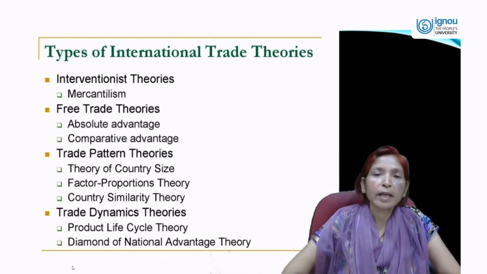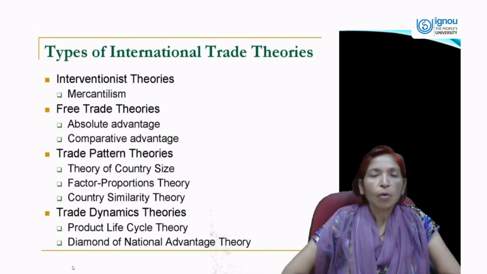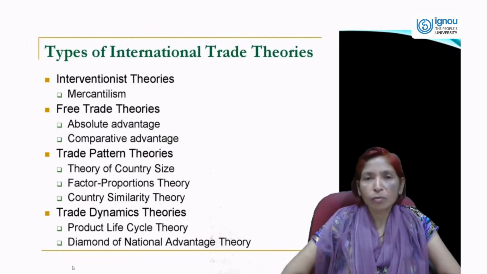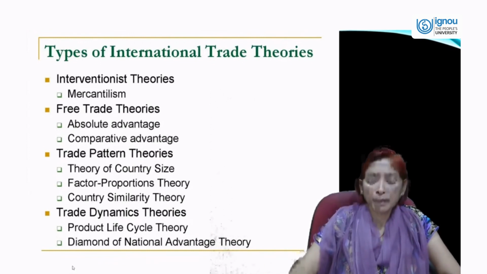Next is trade dynamic theories. We know that at present the whole world is dynamic. Each and every situation is dynamic. Nothing is static in this world. So trade dynamic theory tells us about product life cycle theory and the diamond of national advantage theory. And we will explain all these theories in detail.